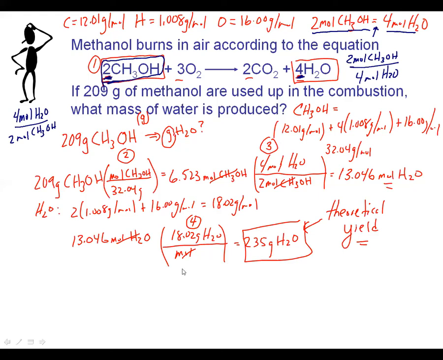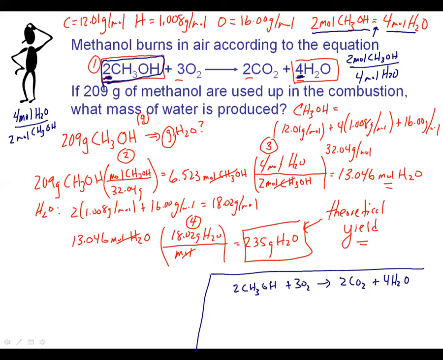Just so everybody understands, when you have an equation, say we look at this one again here, in this particular problem we started over here and went across the arrow to the other side. You can do that. You could also start, if you're given information about something on the right-hand side, and go back over to either one on the left-hand side.